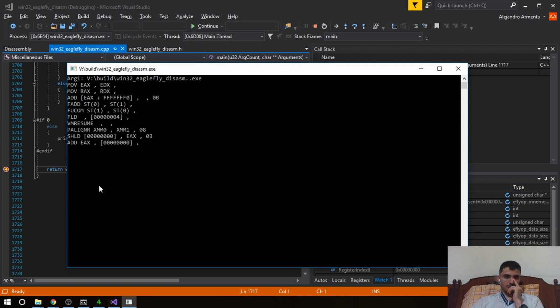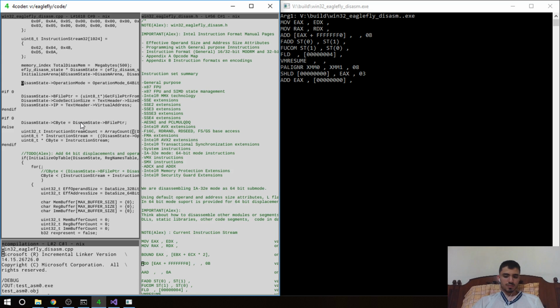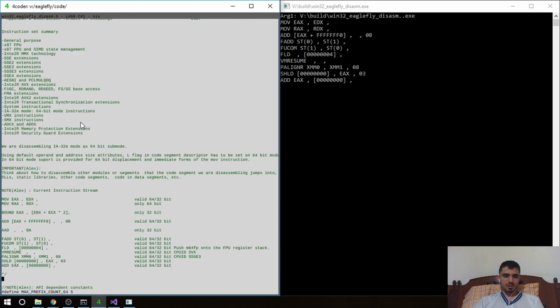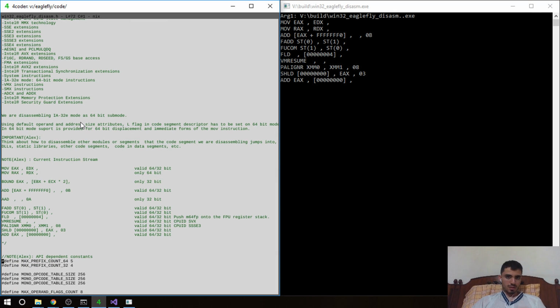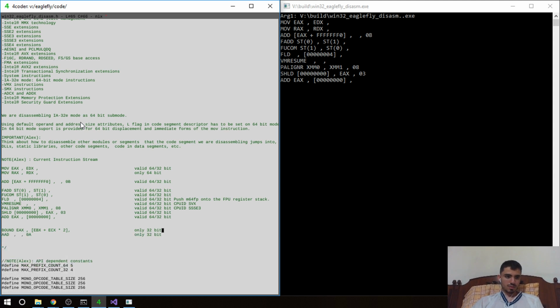And we have the same instructions, but now we just have the instructions that are allowed in 64-bit mode, which, if we compare to this thing, well, I can move this over here and this over here.